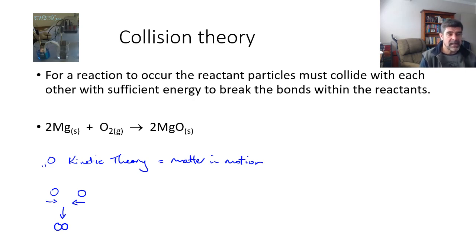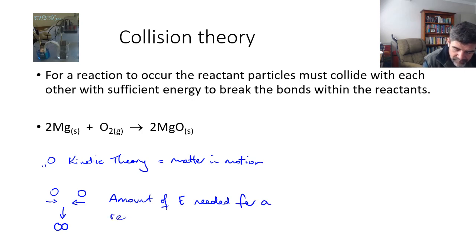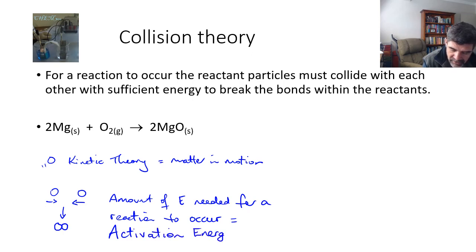In fact, we're going to have a look at this in a little bit more detail later on, but we actually have a specific term that relates to the amount of energy needed for a reaction to occur, and this is known as the activation energy, or the energy of activation. It often has the symbol EA.